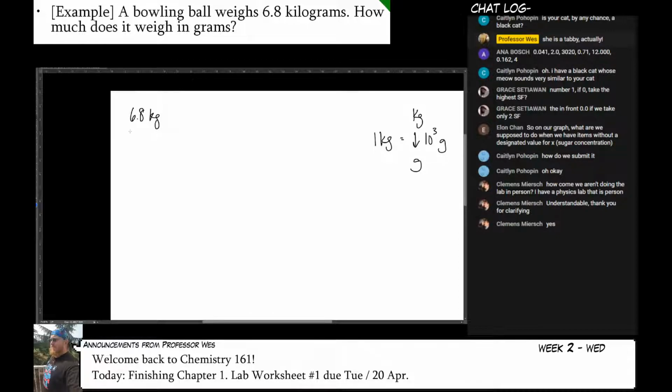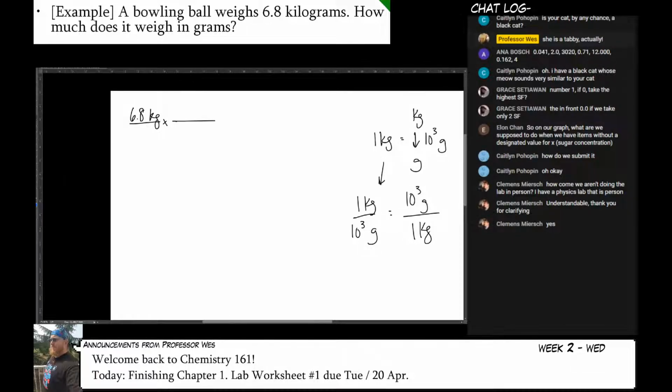So I can set up this relationship to do dimensional analysis by creating a relationship like this or inverting that. And I'm just going to select the relationship that I want to cancel out the units that I don't want.